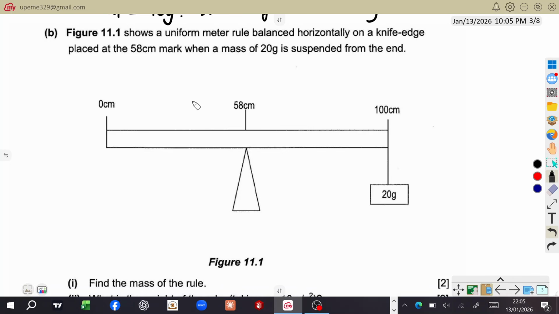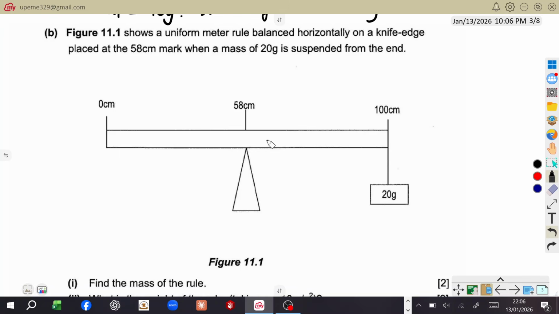We are told we have a uniform meter rule, 100 centimeters or 1 meter, balanced horizontally, meaning when it is balanced, the principle of moments must come to your mind. So this is a knife edge at the 58 centimeter mark as shown here, when this mass of 20 grams is suspended from the end there.